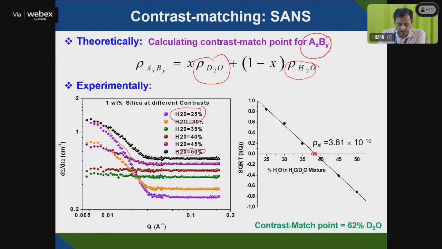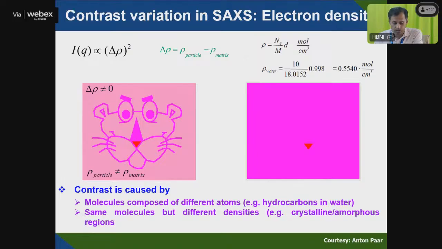At 25% the peak varies like this, and then you can see it goes to a straight line. So for a particular concentration where rho Si is 3.81 times 10 to the power 10 order, that is the contrast mismatch point at 60% D2O, beyond this you will not get any signal. Up to 50% you are getting some signal, but beyond that, nothing. So you can find this out by varying the D2O contrast.